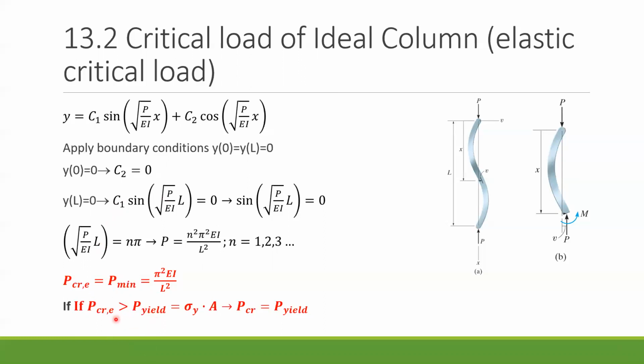But in our question, we also compare our critical load with the yield force, sigma yield times A. If our critical load is greater than the yield force, our critical force should be equal to the yield force. In the question, we also compare with the yield force.